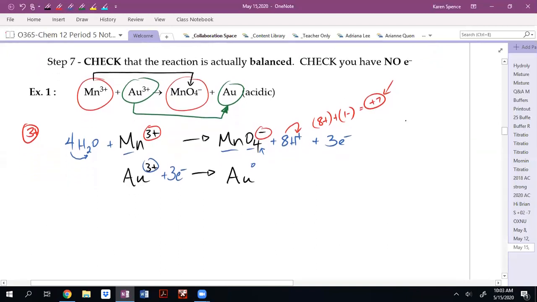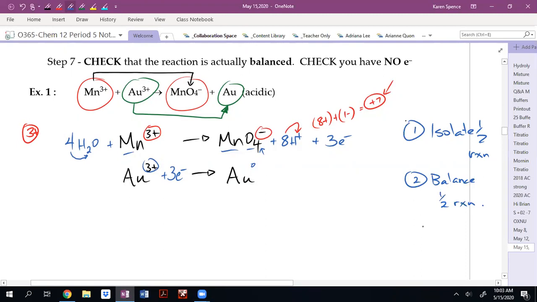All right. So step number 1, isolate the half reactions. Step number 2, balance the half reactions. Step number 1 is something new. Step number 2 is just what you did last week. It's just that you're doing 2 of them instead of just 1.